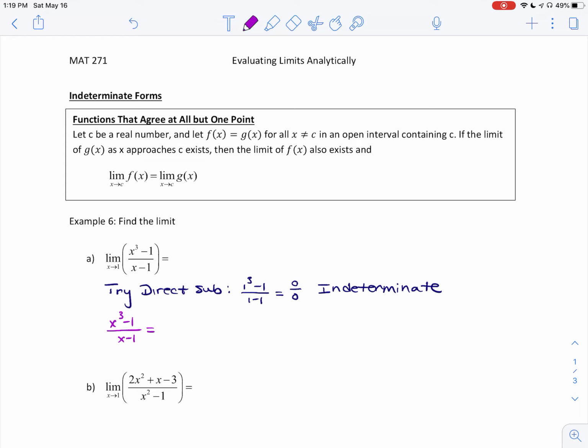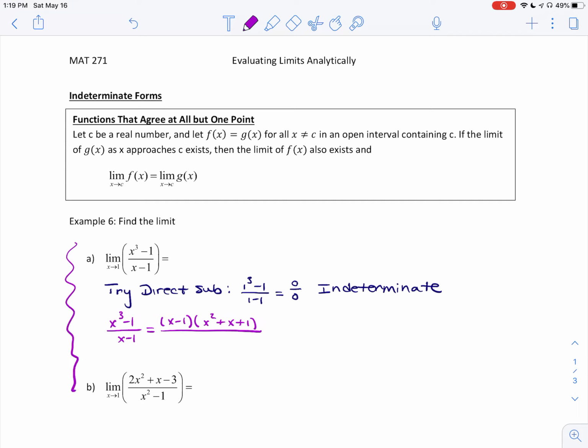Now you might recognize that this is a difference of cubes, so remember your difference of cubes formula. This would factor as x minus 1, and then times x squared plus x plus 1.